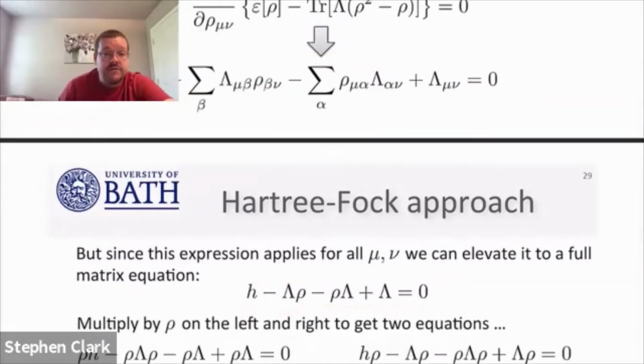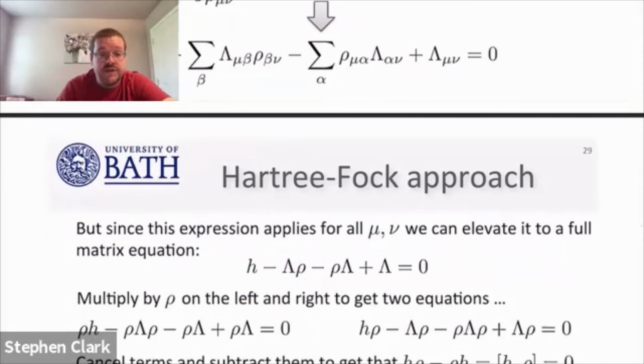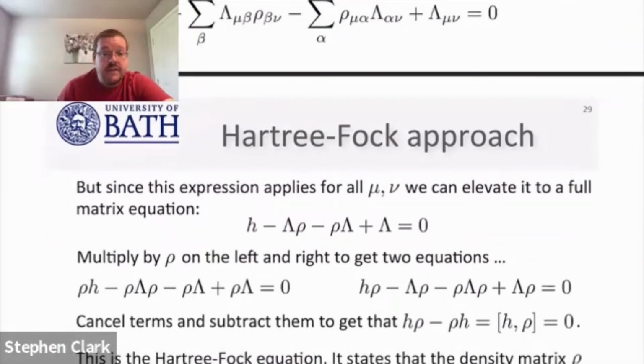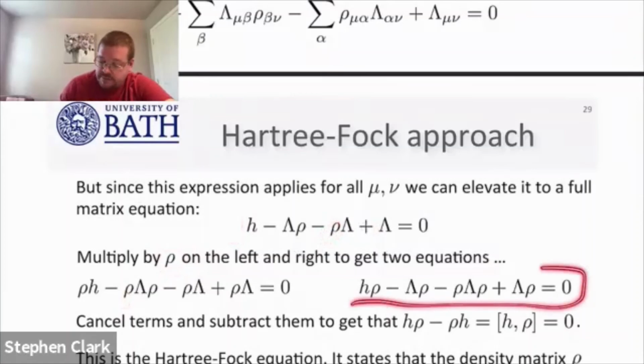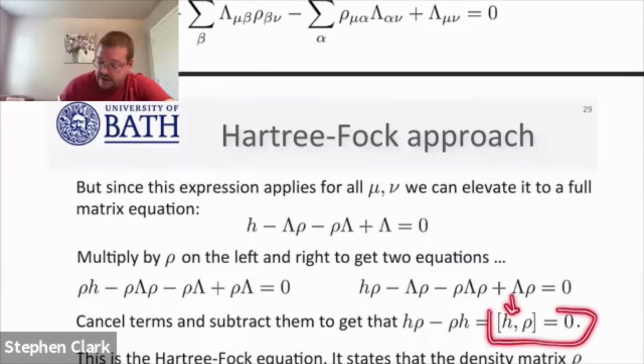And how can we guarantee this matrix equation is always satisfied? Well, it turns out that that's not too difficult. If we multiply both sides of it on the right and left by rho, and use the fact that rho squared is equal to rho, remember, that was a fundamental definition, the equation simplifies to this, which is actually just the same as saying that this is true.